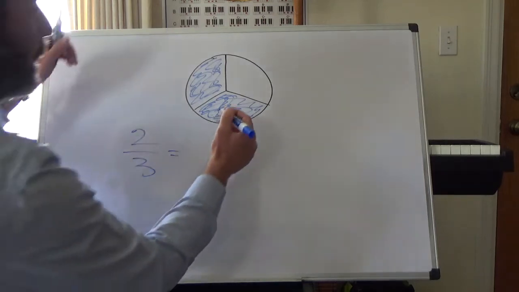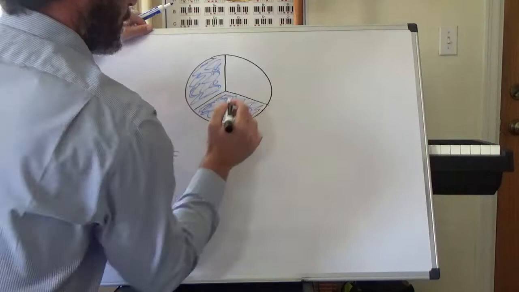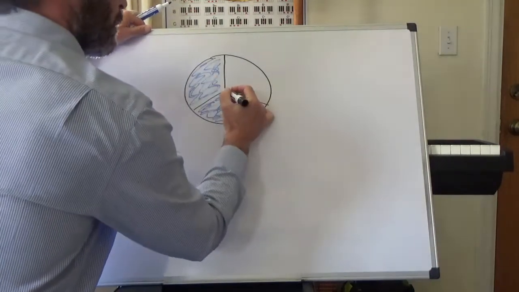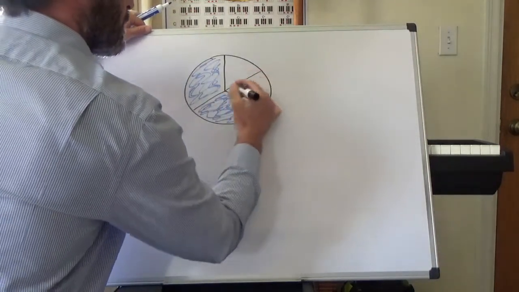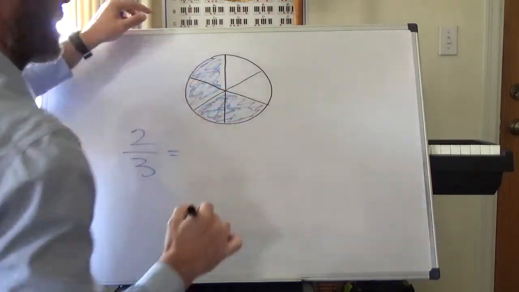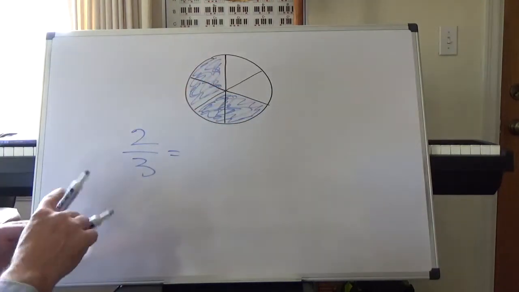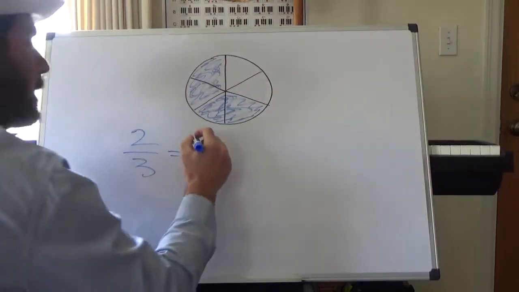Well, let's see. If I take these lines and I just extend them, notice that I'm not going to be shading in any more blue. I'm just going to extend these lines. So now instead of 3 equal parts, I have 6 equal parts, and 1, 2, 3, 4 are shaded and 2 are not shaded.